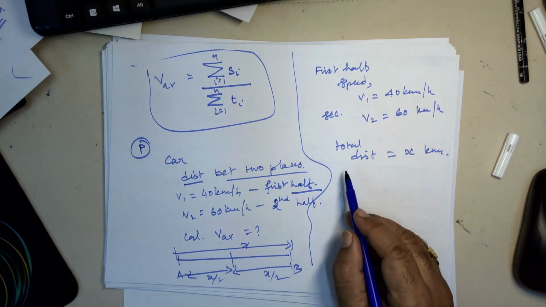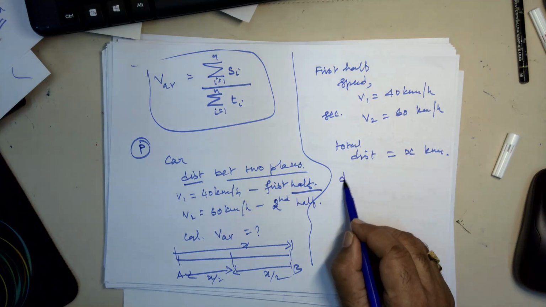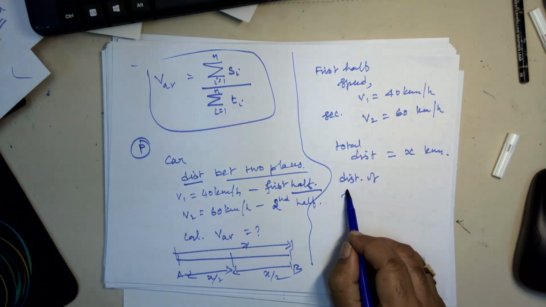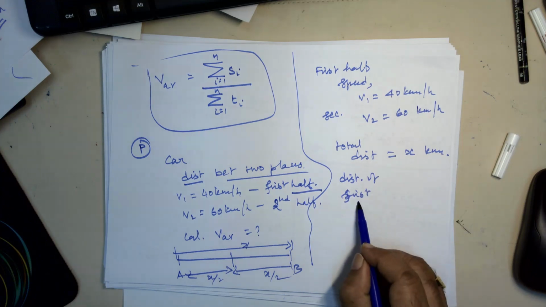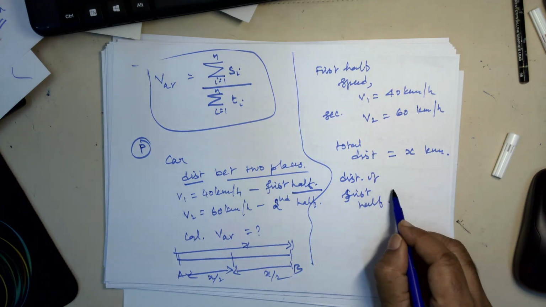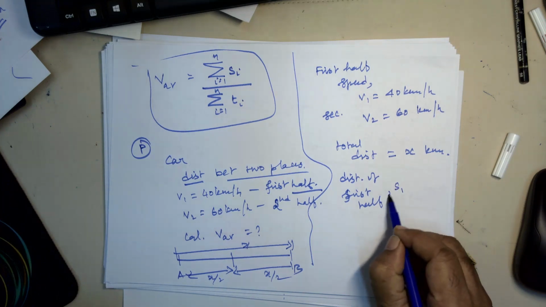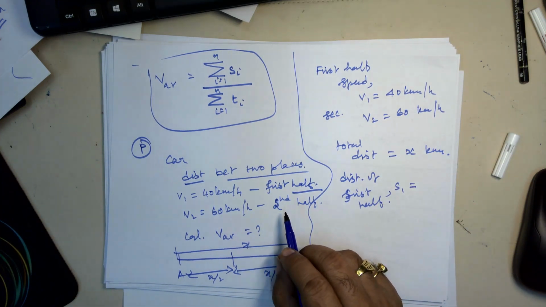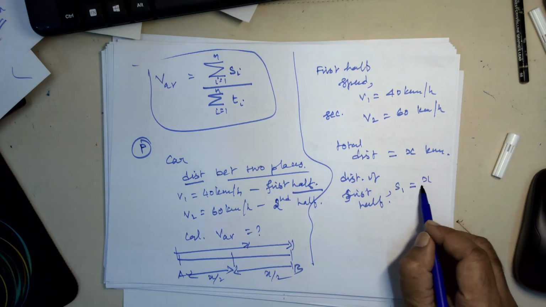So the distance of the first half, let us say S1, the distance covered in the first half is equal to x by 2.